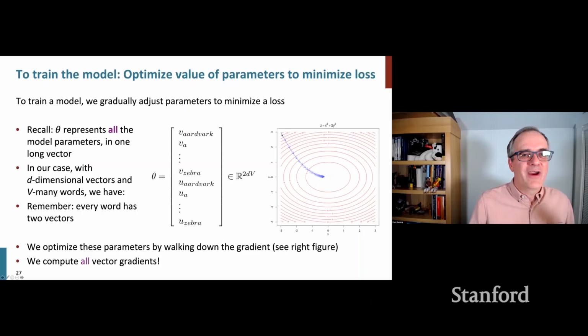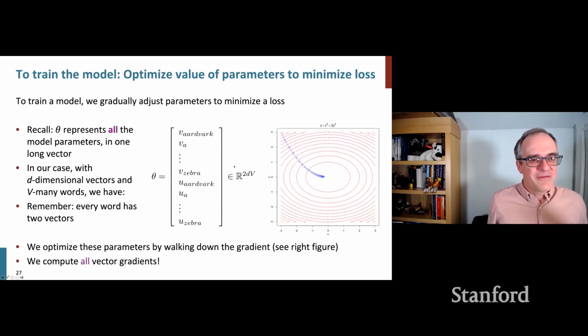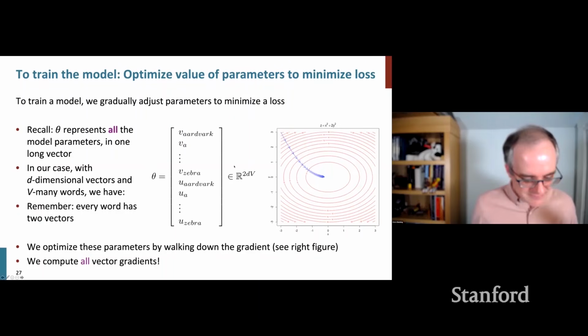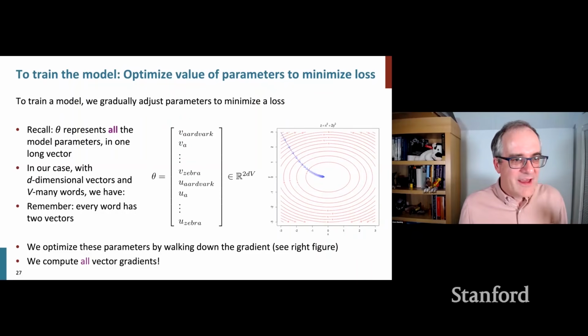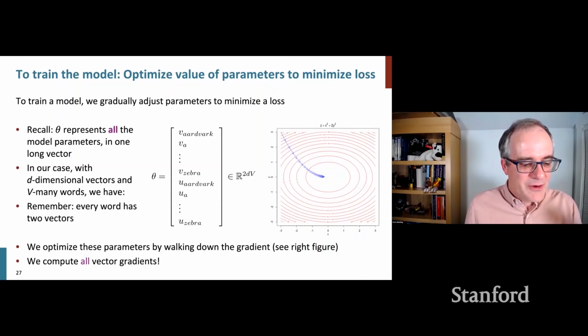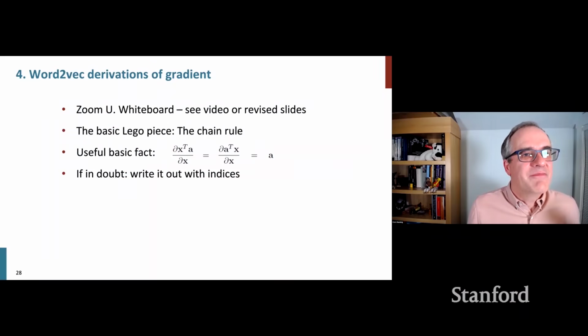So we're at some point and we can figure out what is downhill, and we can then progressively walk downhill and improve our model. And so our job is going to be to compute all of those vector gradients. Okay, so at this point, I want to show a little bit more as to how we can actually do that.